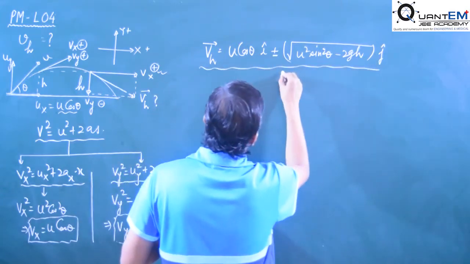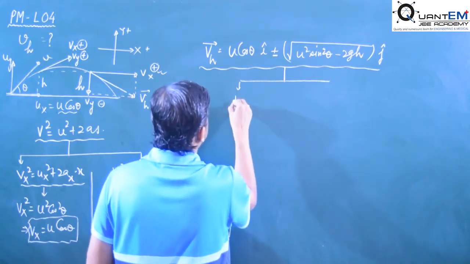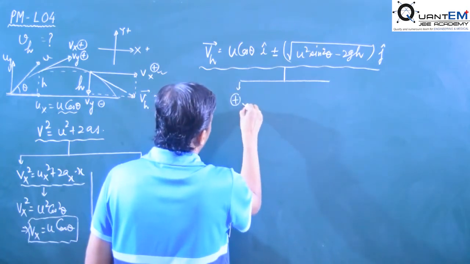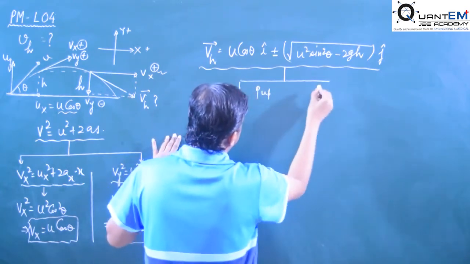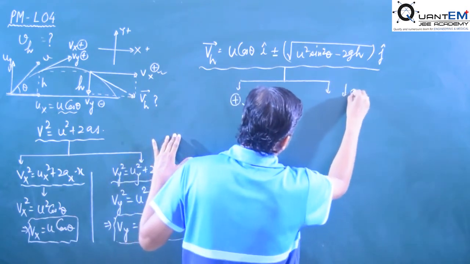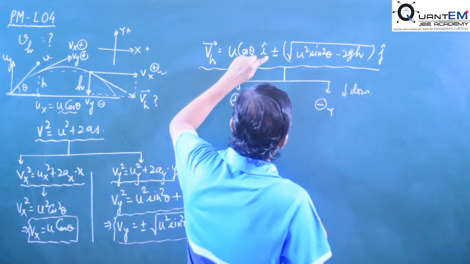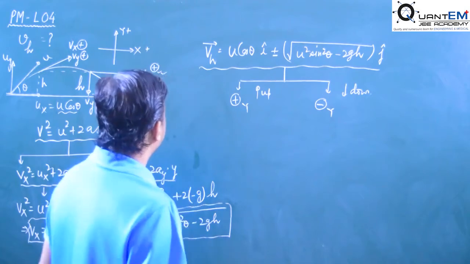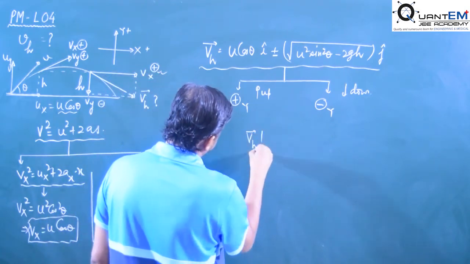In upward motion we have to take the positive sign along the y coordinate, and during downward motion you have to take the negative sign of the y coordinate, positive and negative. And what will be the magnitude of the velocity?